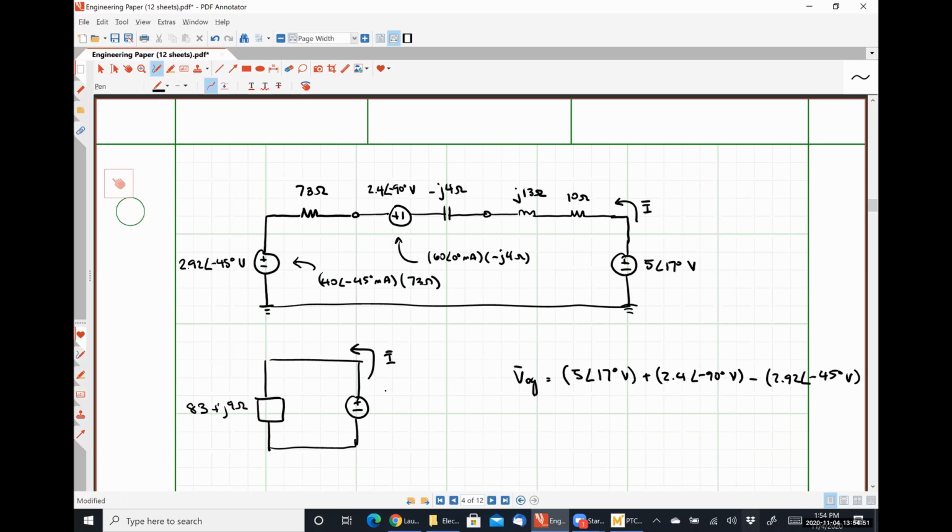And all of those together combine to be 3.166 with an angle of positive 14.132 degrees volts. Any questions on how we combined all of those voltage sources?